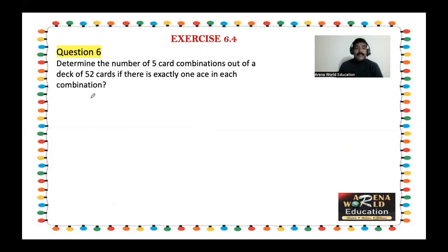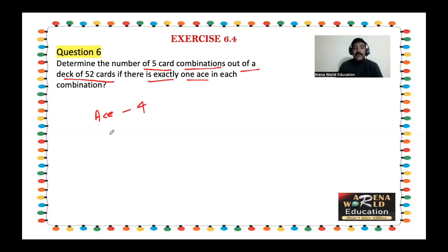Question number 6. In this question, we have to find the number of 5 card combinations out of a deck of 52 cards if there is exactly one ace in each combination. First of all, in 52 cards, how many ace cards are there? There will be 4.